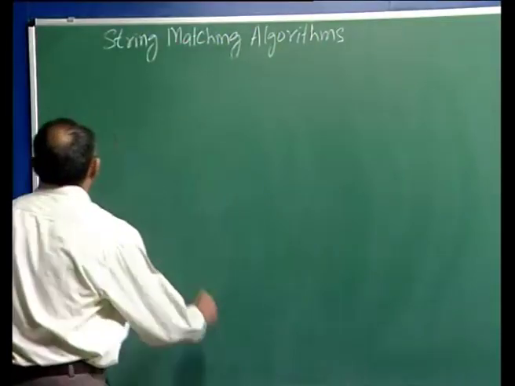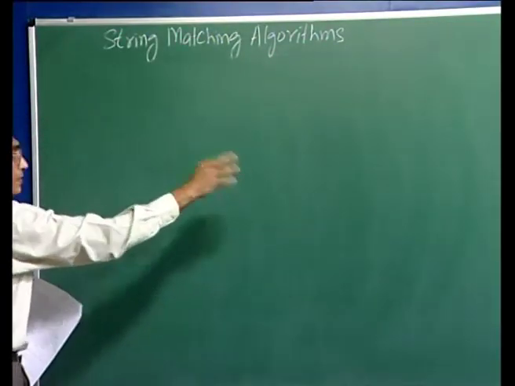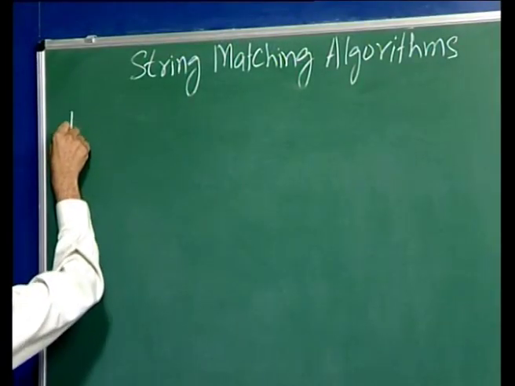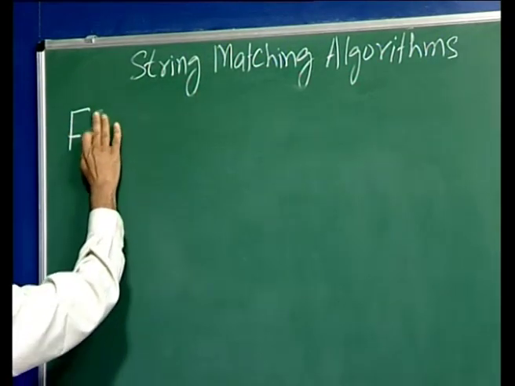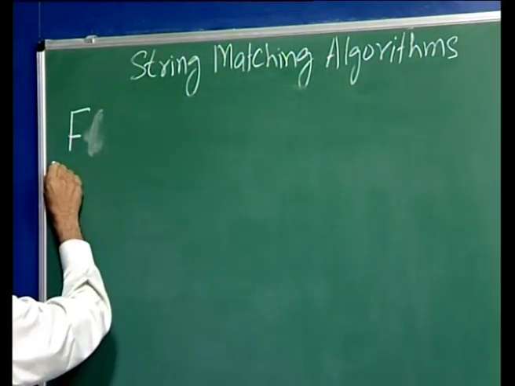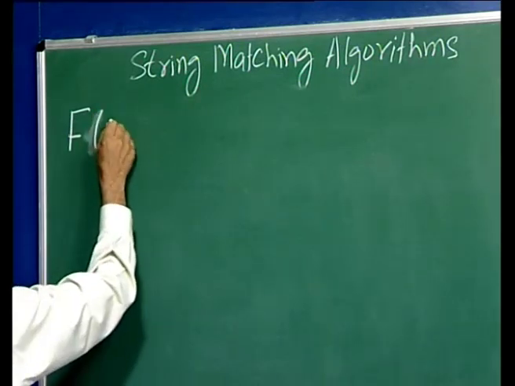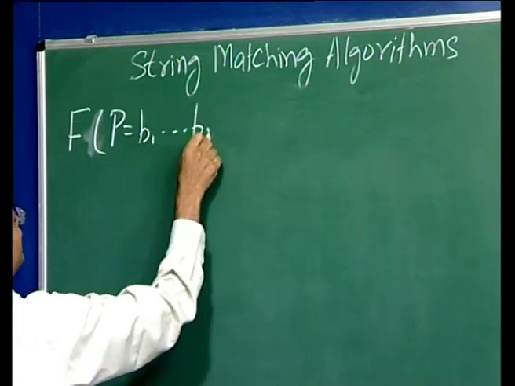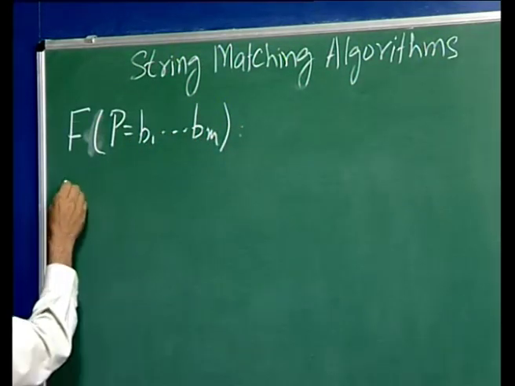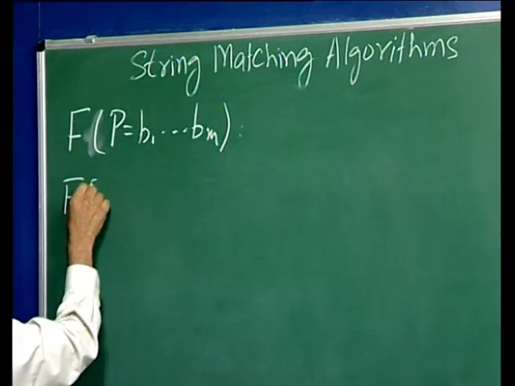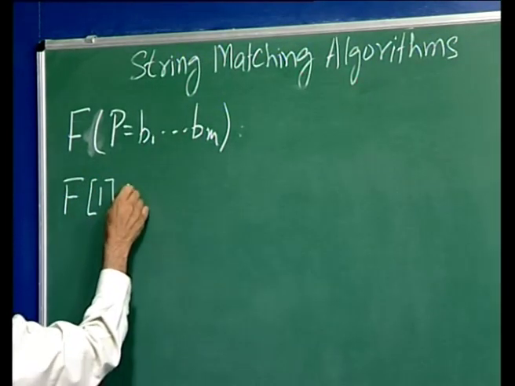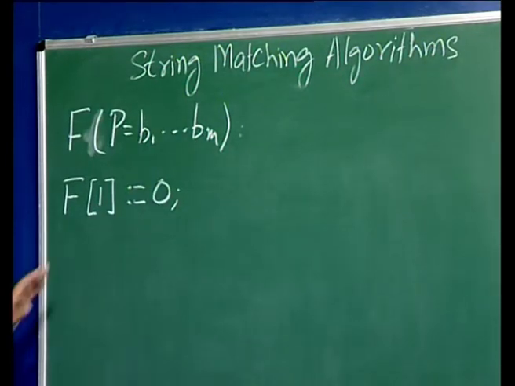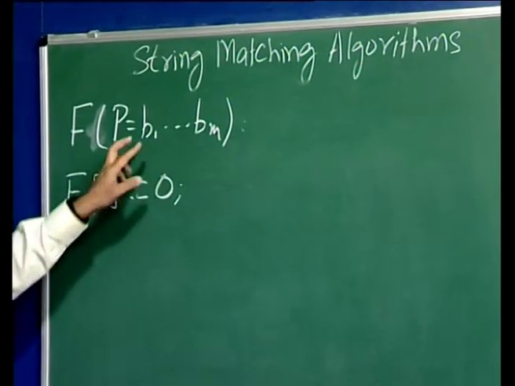Okay. So, now let us devise an algorithm to compute the value of the function we have just defined. Let us call this f. We just call it algorithm f, and this is of course a function of the pattern P, which is B1 through Bm. For function f, the proper substring of a single symbol string is the empty string.